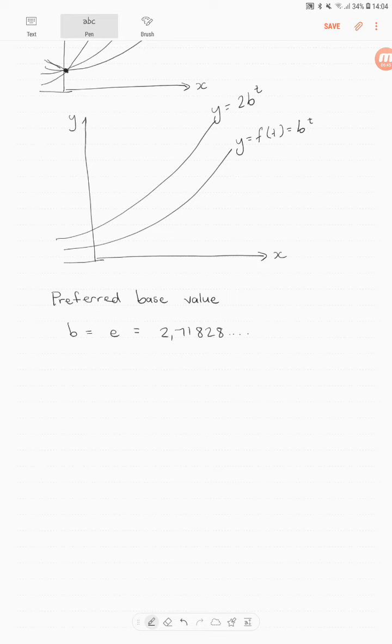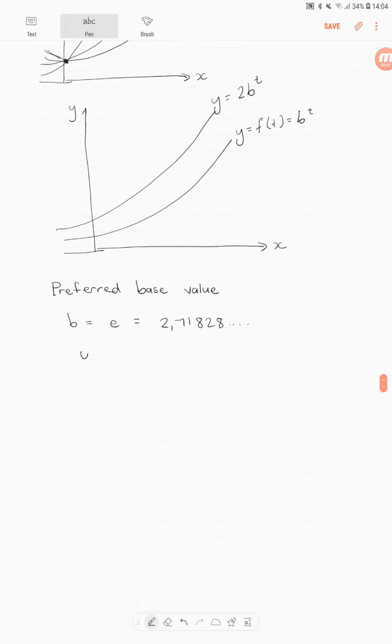So in this case, we have y equal to e to the t. The derivative of this exponential function is simply the same exponential function.